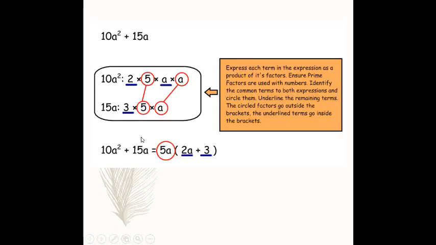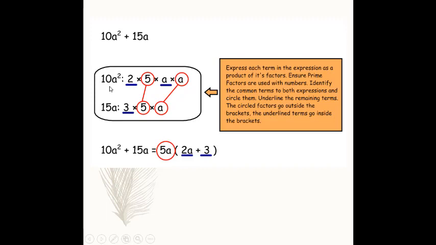Okay, here we have an example. 10 multiplied by a to the power of 2 plus 15a. We are going to take each term alone and factorize it, or write it in its prime factors. So 10 multiplied by a to the power of 2.